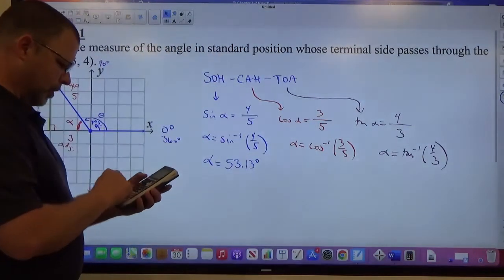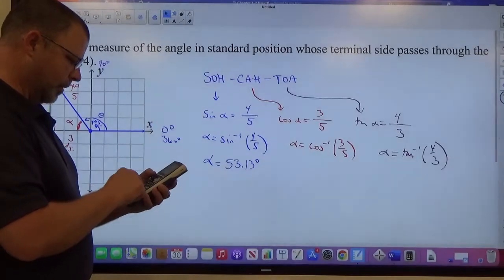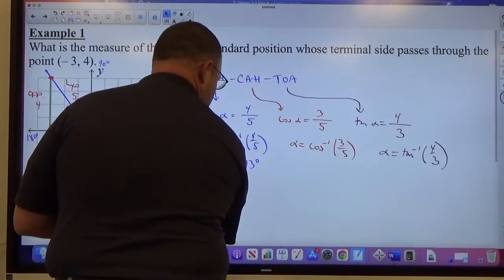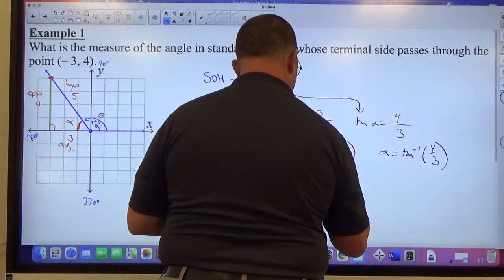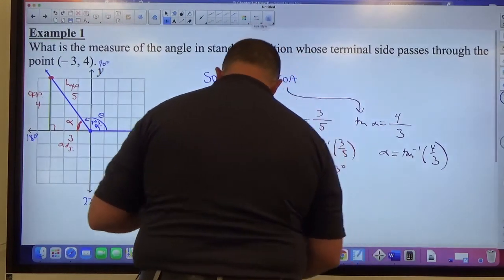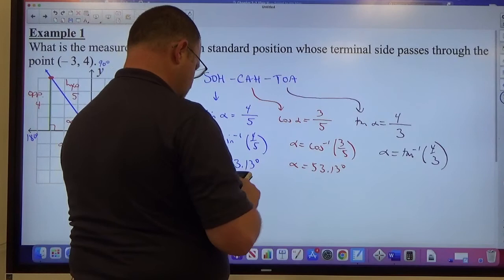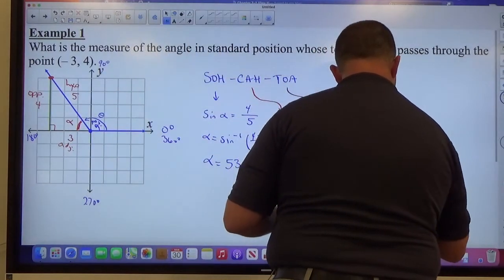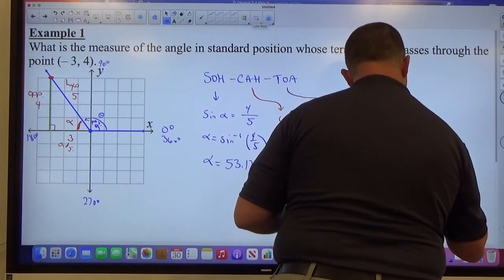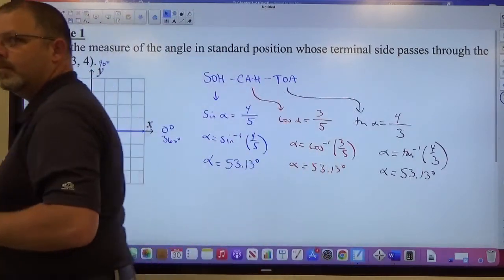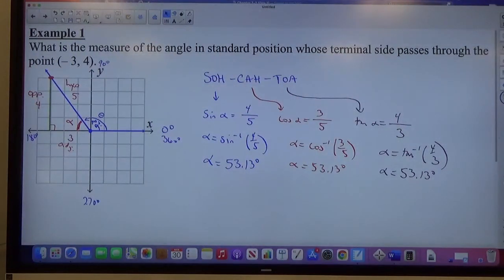If I do inverse cosine of 3/5, my calculator says alpha equals 53.13 degrees. If I do inverse tangent of 4/3, my calculator says alpha equals 53.13 degrees. I'll pass it around. You guys can look to verify I'm not breaking any rules.